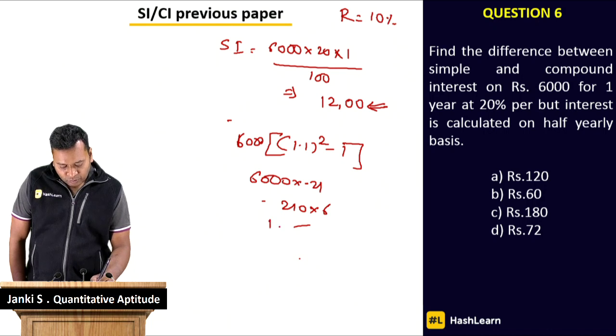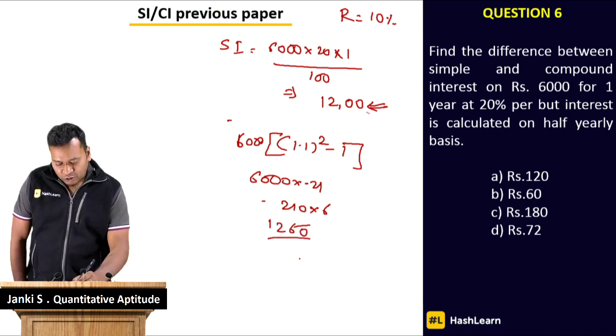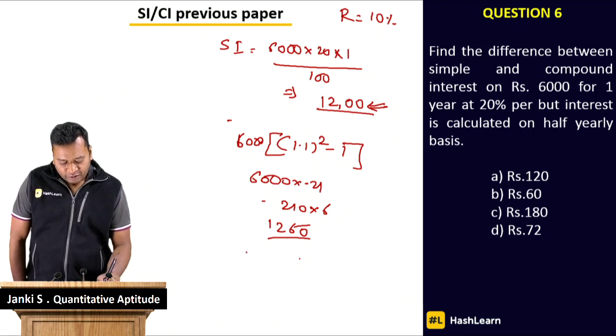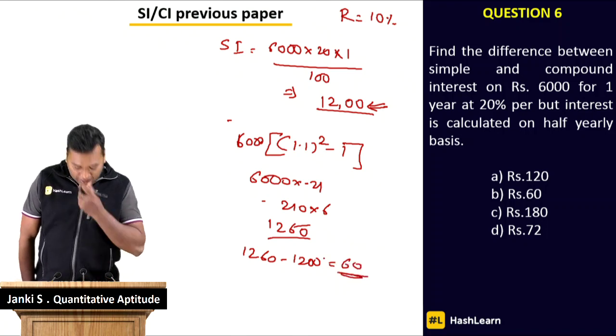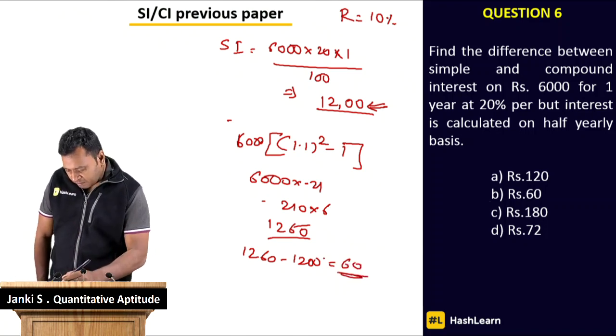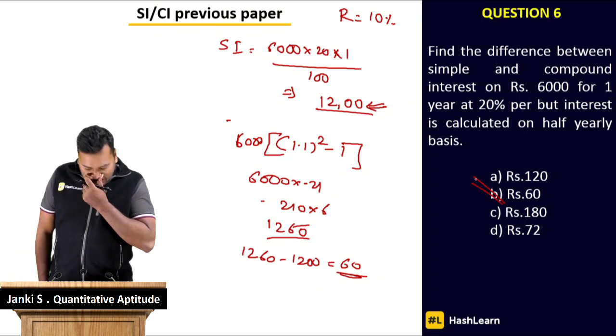Right? So the value is how much? 1260. This is 1260 and the simple interest value is 1200. My difference is how much? 1260 minus 1200, my difference is nothing but 60. Right? So my difference is 60. That is one of the cases.